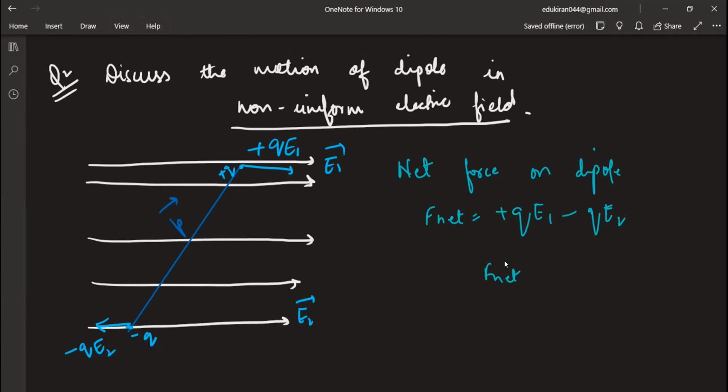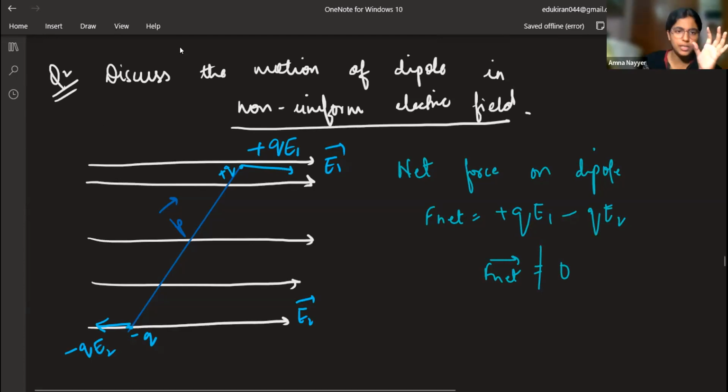So F net is not equal to 0 this time. So we are not getting translational equilibrium. What are we getting? We are getting proper translational motion. So it means translational equilibrium is not existing, translational motion is existing. So when F net was 0, we could conclude that this is under translational equilibrium. But this is non-zero, this means there is a translational motion.